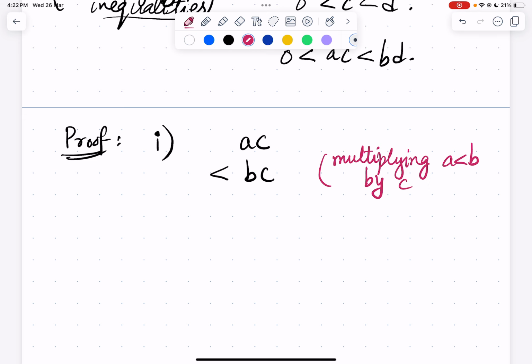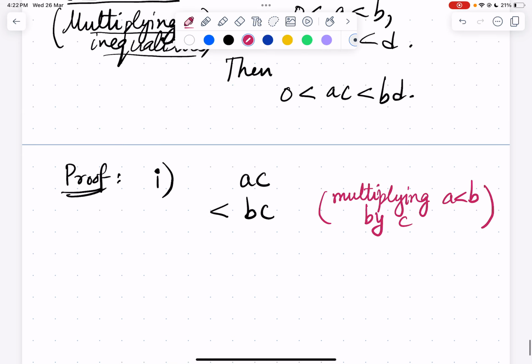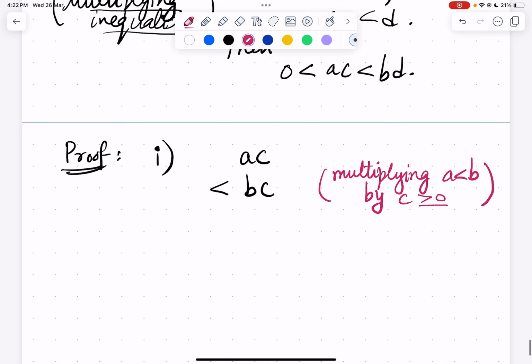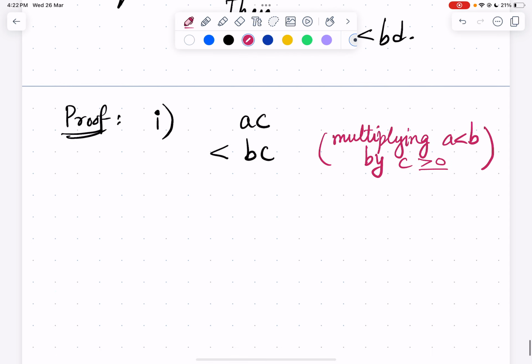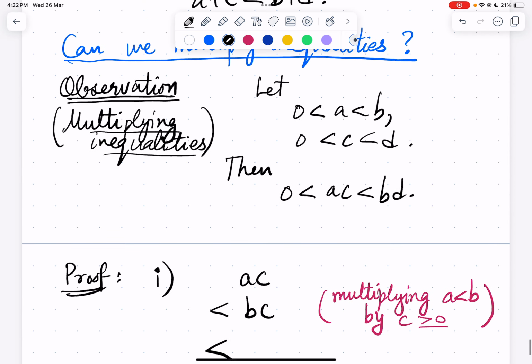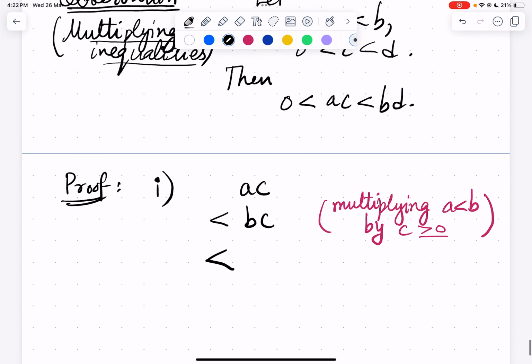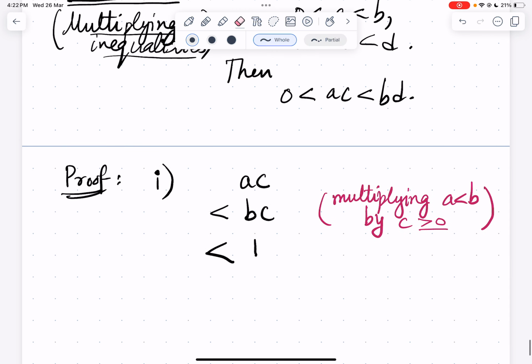Multiplying A less than B by C, we get AC is less than BC, since C is greater than 0. So we can multiply both sides by C. Then further, BC is less than DC. Sorry, not DC, BD.